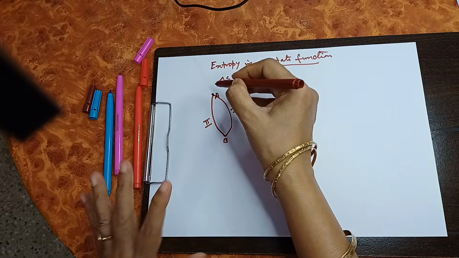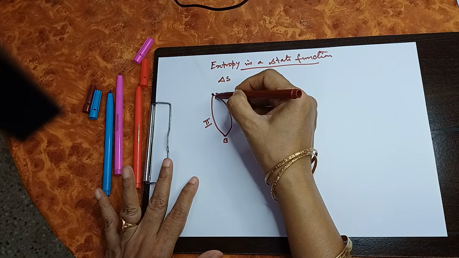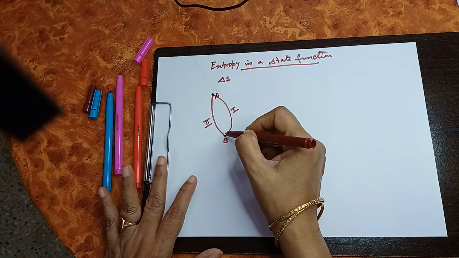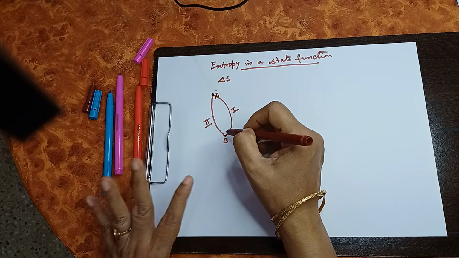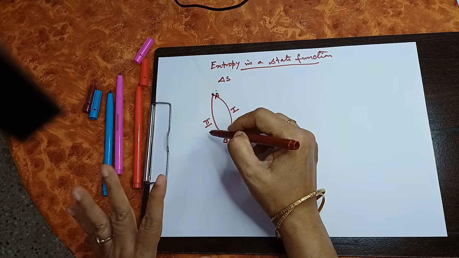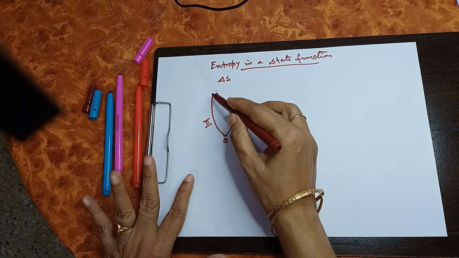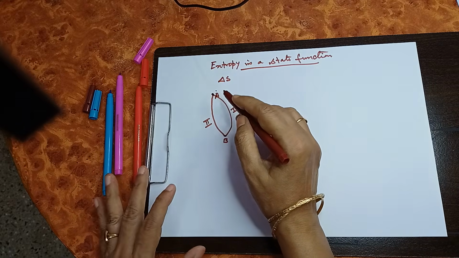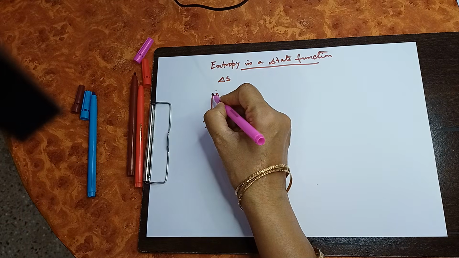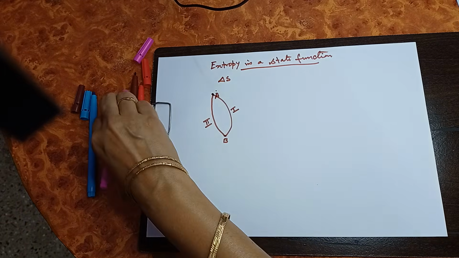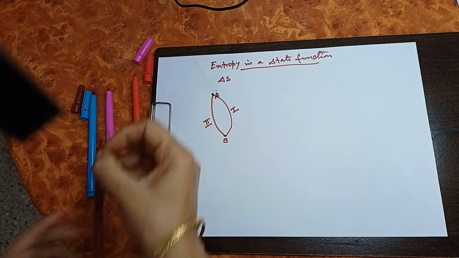So the system is going from state A to state B via path 1, and coming back to state A via path 2. Now, this cyclic path we can consider as consisting of a large number of Carnot cycles.